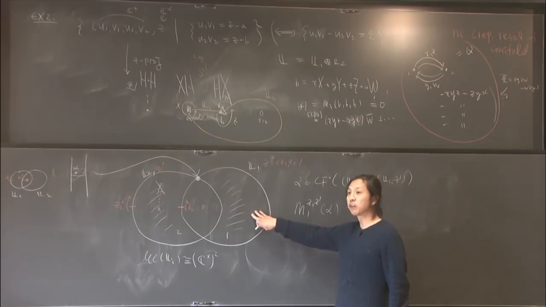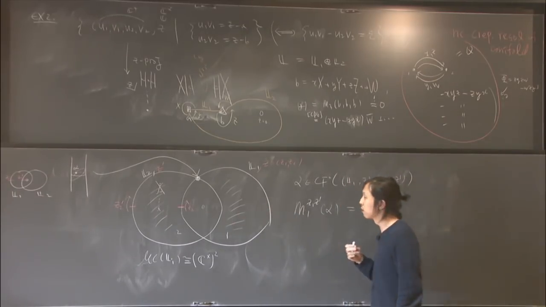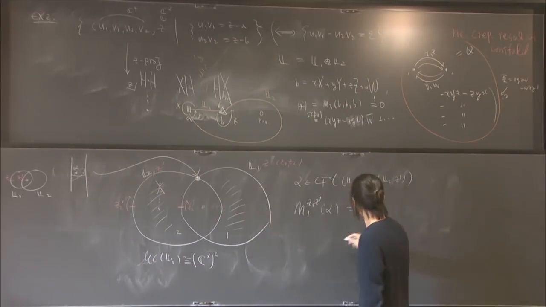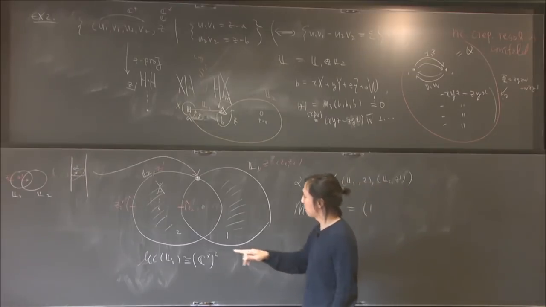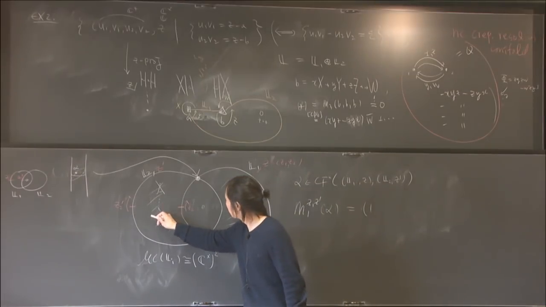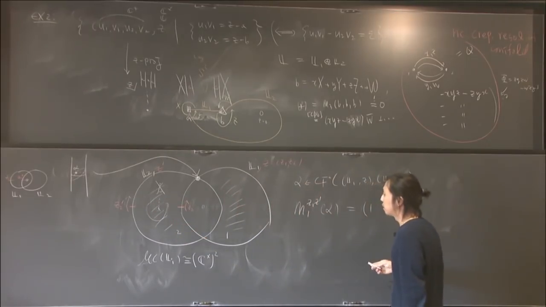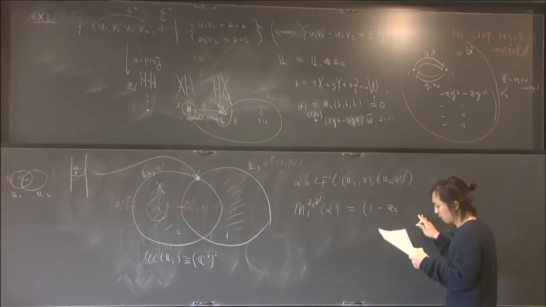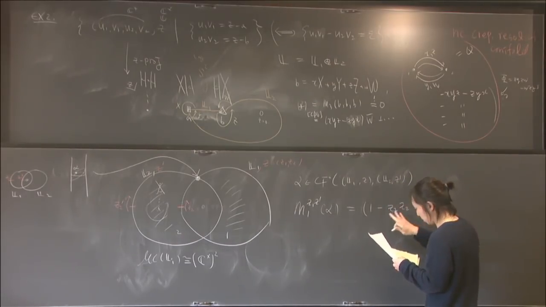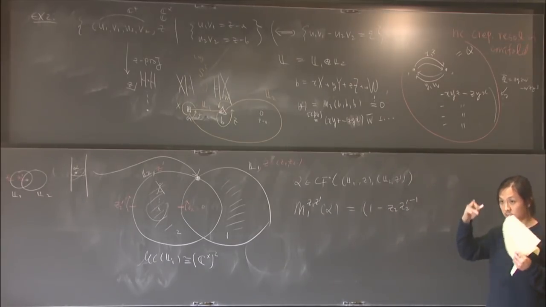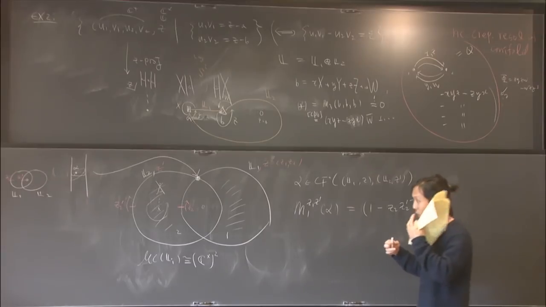Here I have no decoration due to my specific choice of flat connection, so this one is just counted as 1. But here, as I said, I have 2. The first one is Z2, counterclockwise. I'm not talking about the sign. Z2 prime inverse is the holonomy along the strip.